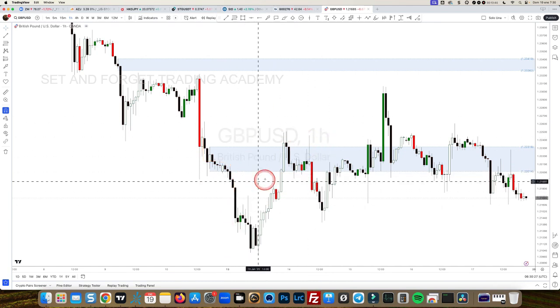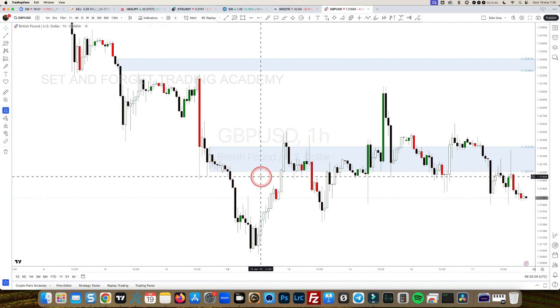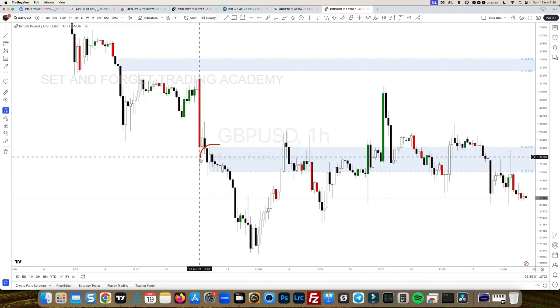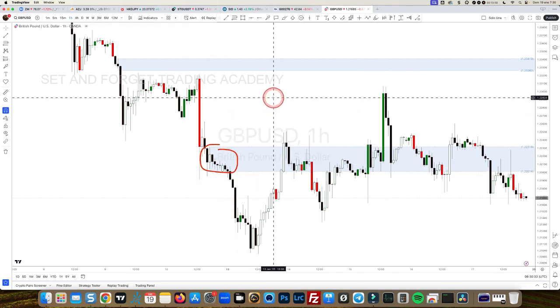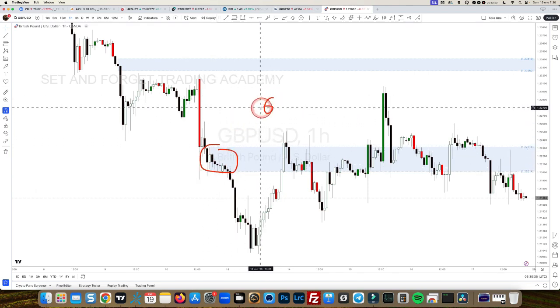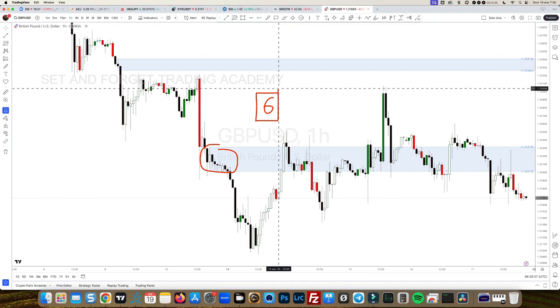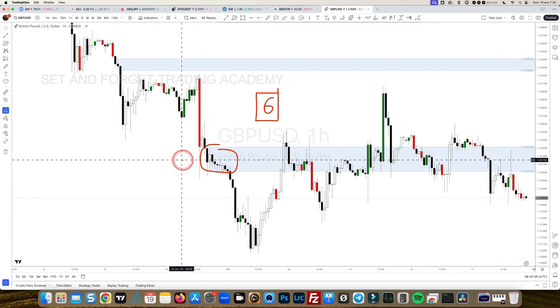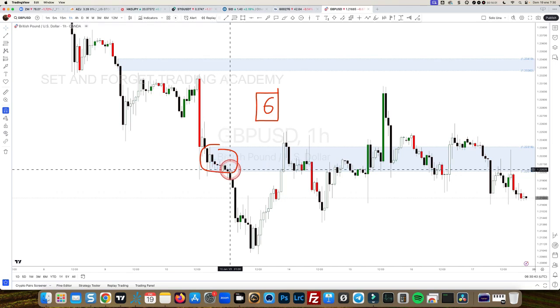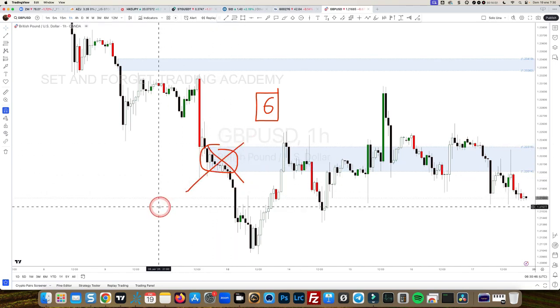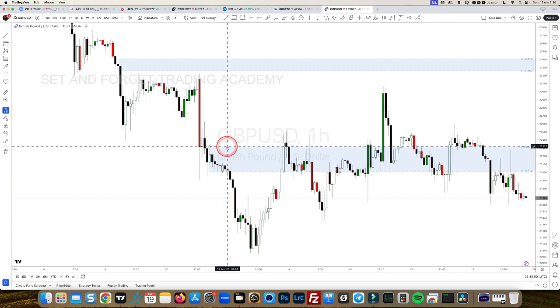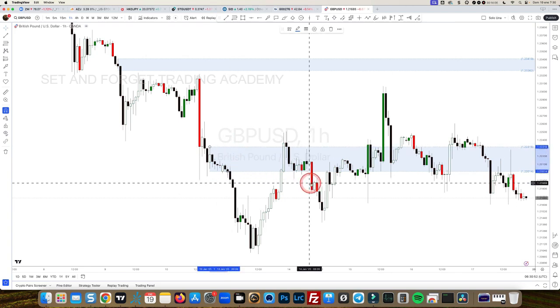And as we will discuss in this coding lesson, we want the basing structure to be made of 6 or fewer candlesticks to consider it a strong imbalance. And this one has 1, 2, 3, 4, 5, 6, 7, 8. This is not good. So what happened is that, because it's not good, it was eliminated.